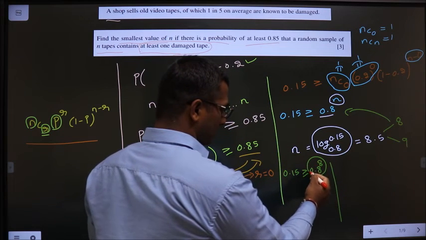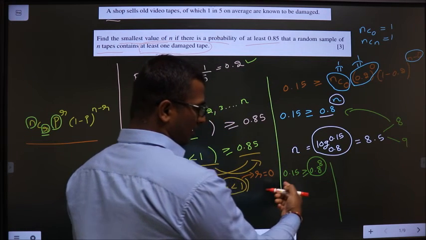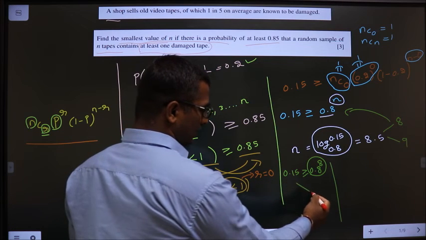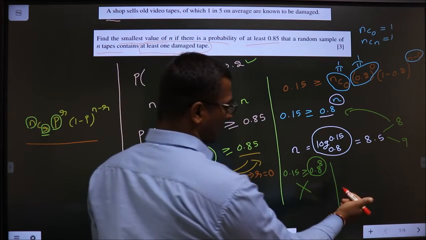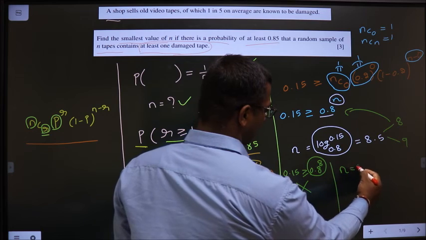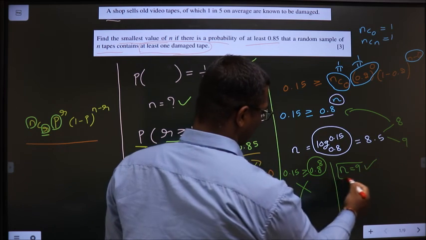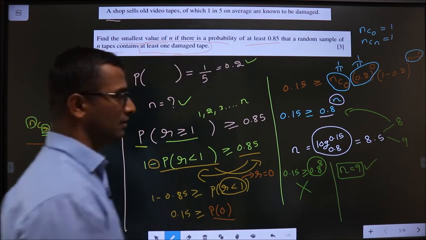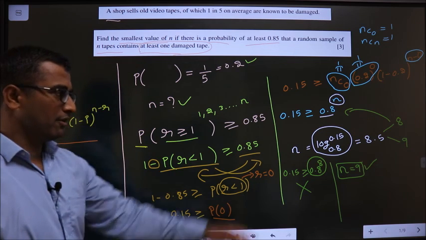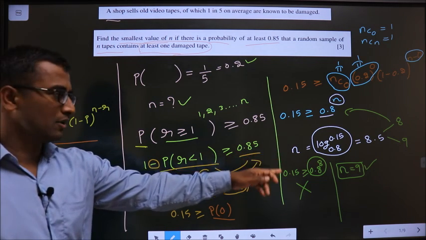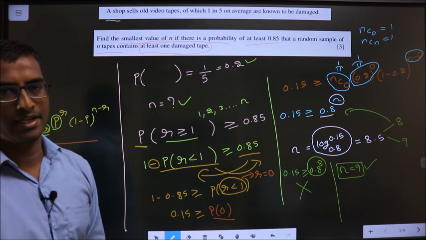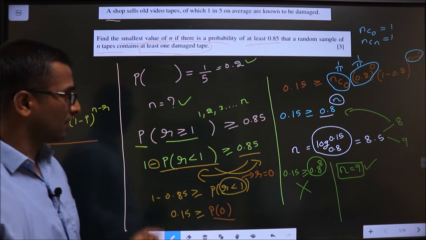This value, I didn't get less than 0.15, so this is rejected. So automatically accept when n is 9. So we found the value for n. Clear? If logarithms you feel confusing, go with random trial and error. Clear with this?